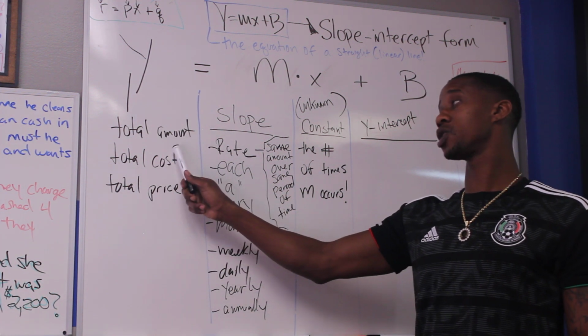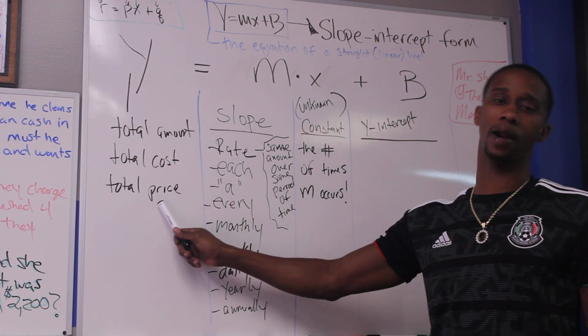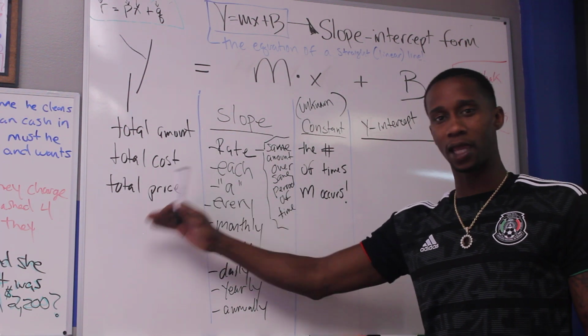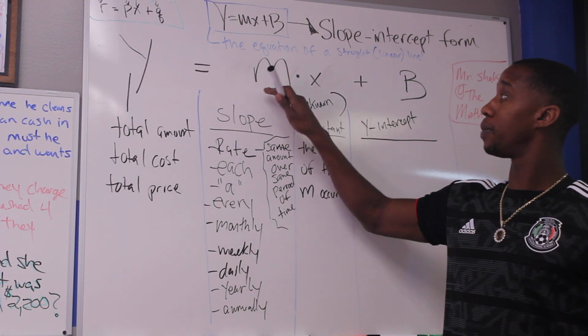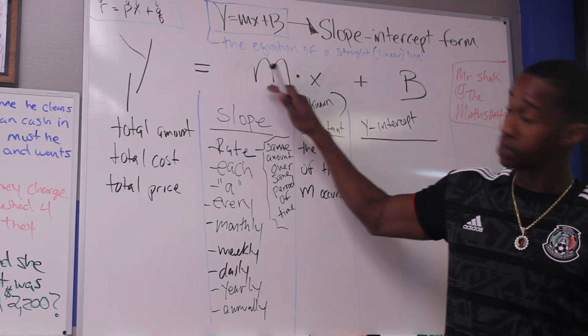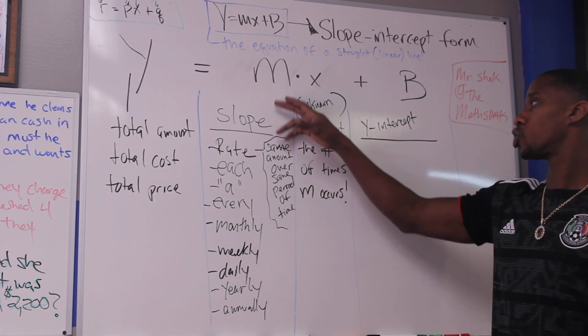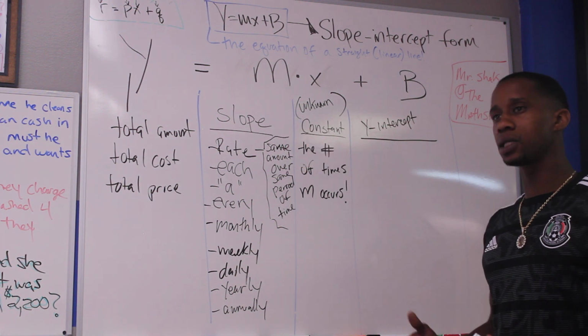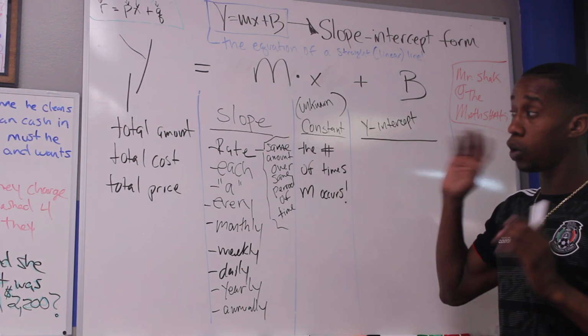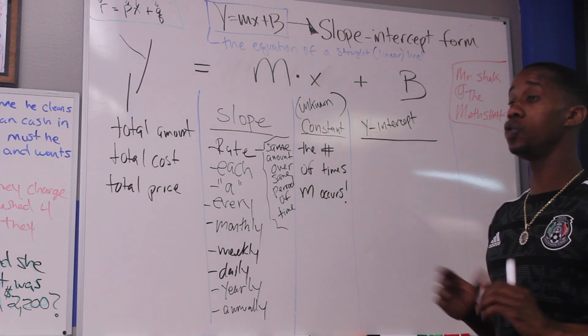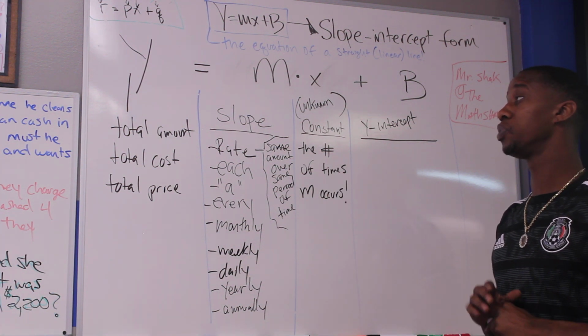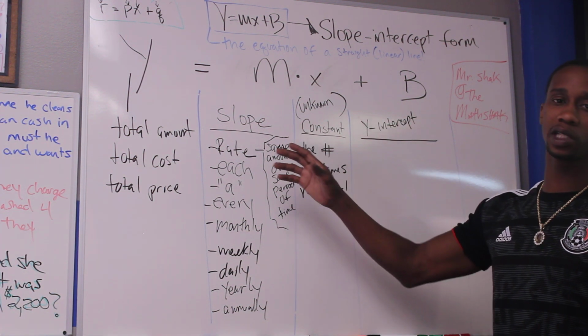Y is always our total amount, total cost, total price. That's in real life and mathematically. Mathematically, M is always our slope. Slope can be challenging for some students, but for 7th graders, all you need to know is M is slope. You don't need to really push it any further, because 7th graders don't graph.